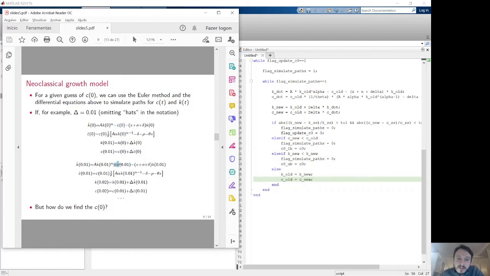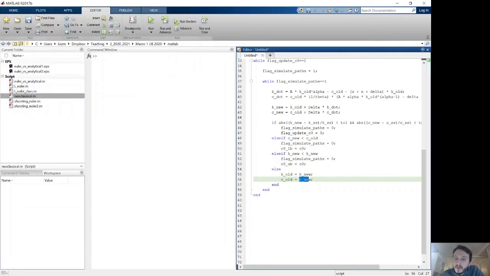Now it's C0.01, which we called before C new. So that's why here we are calling C old equal to C new, because we are relabeling: what was before called C new, now we call C old. We are just redefining this variable C old so that it will be used to calculate the C new, and also the same thing for capital.